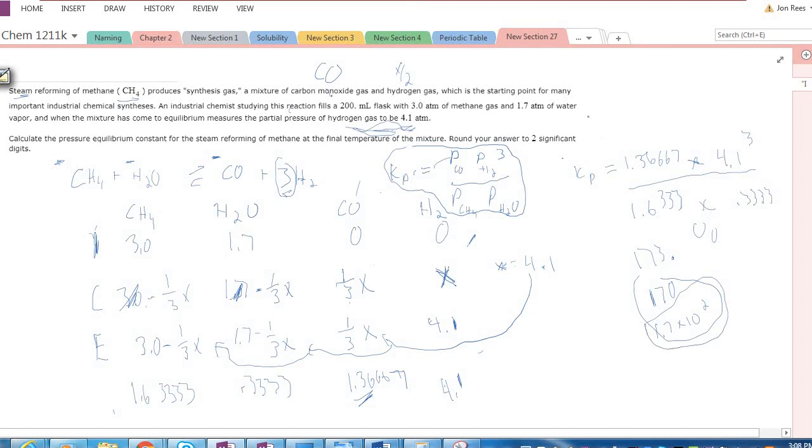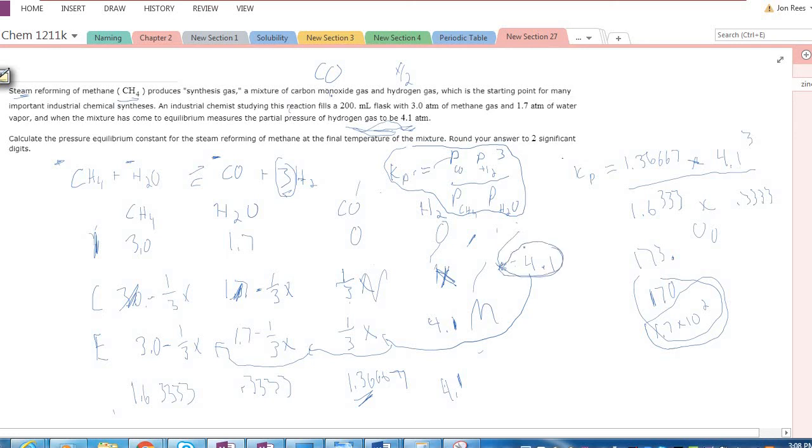Okay, so how do I tackle this? The first thing I do is I write the chemistry. Then secondly, I write the equilibrium constant, the equilibrium equation. I make my ICE table, and I use the stoichiometry to get me those changes. Okay, and that's important to know. And then I get my equilibrium pressures because I know what X is, and in all of these you'll know what X is.